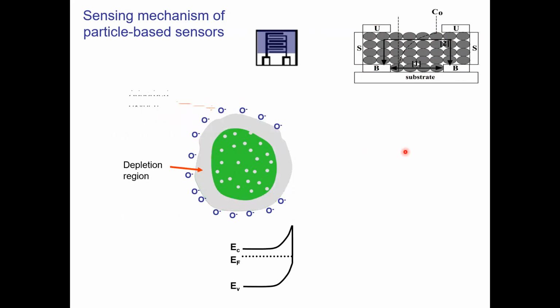And because the Fermi energy level is lower in the absorbed oxygen compared to the oxide, electrons will be extracted from the near surface area of the oxide to create an electron depletion layer near the surface. And that will lead to band bending as you approach from the bulk to the interface of the particle. The band will bend upward because of electron extraction.